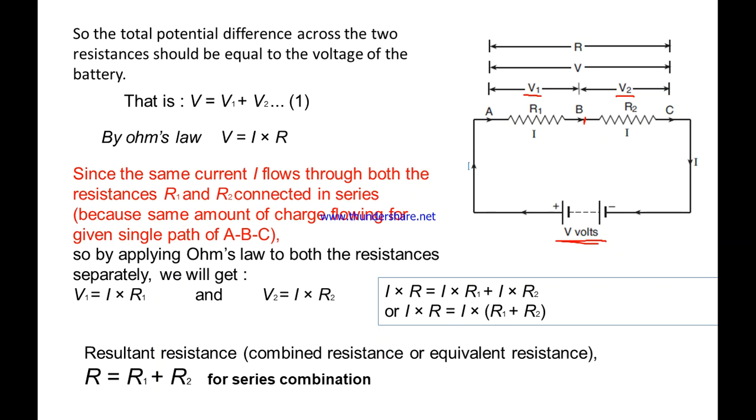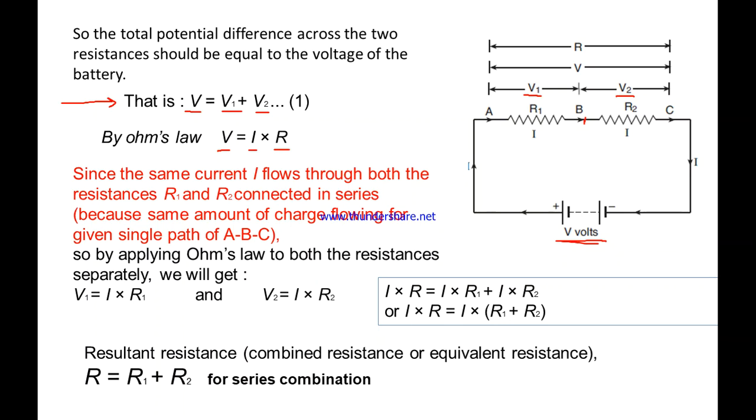According to the second rule, we can write the potential differences of each resistance, V1 plus V2, is equal to the battery potential, V. Now by Ohm's law we can say the total potential of a battery is equal to the net amount of current, I, times the total resistance of our given circuit.